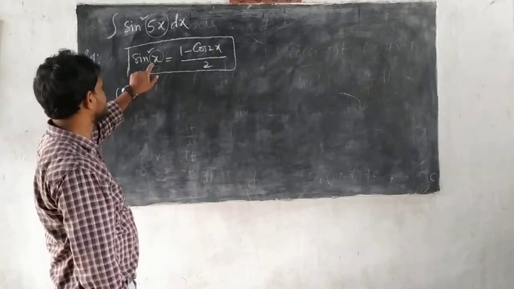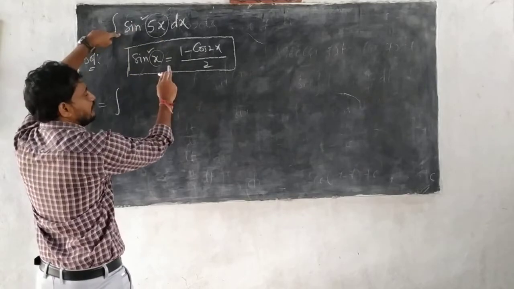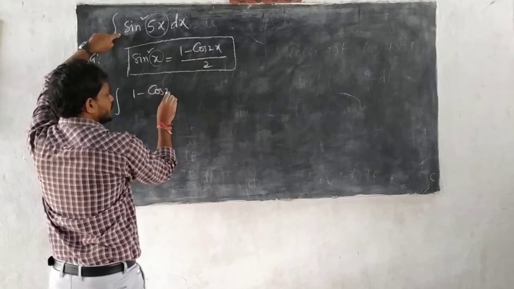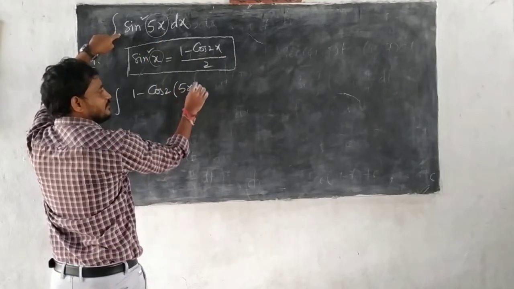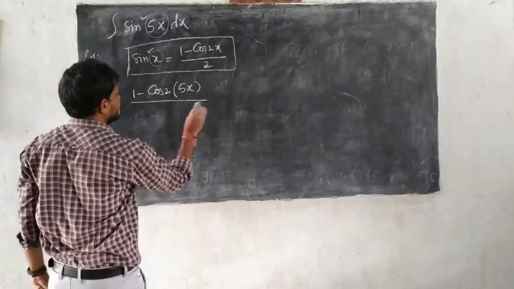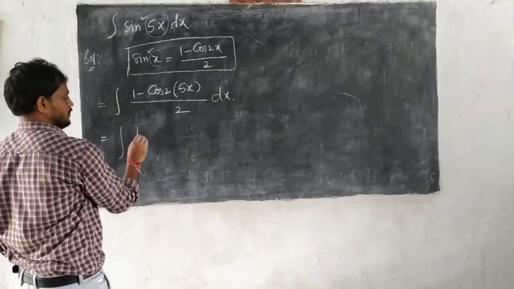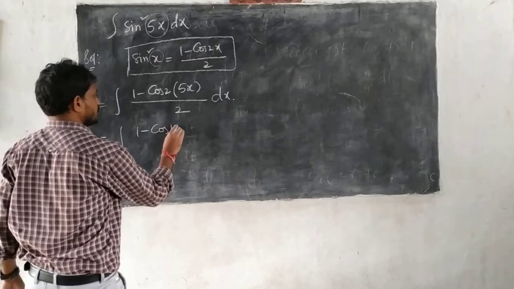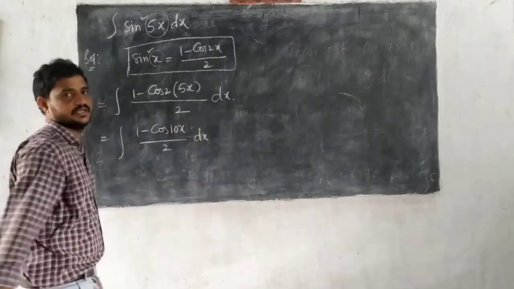So substitute in the formula 1 minus cos 2x by 2: 1 minus cos 2 into x, where x means 5x. So write 5x here, by 2 into dx. So 1 minus cos 2 into 5x, that is cos 10x, by 2 into dx.